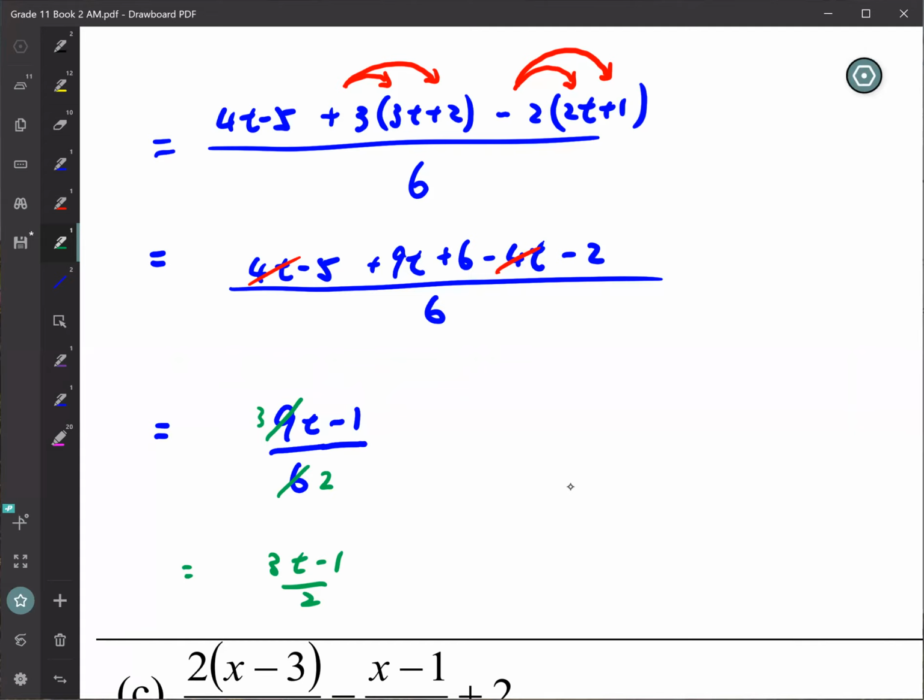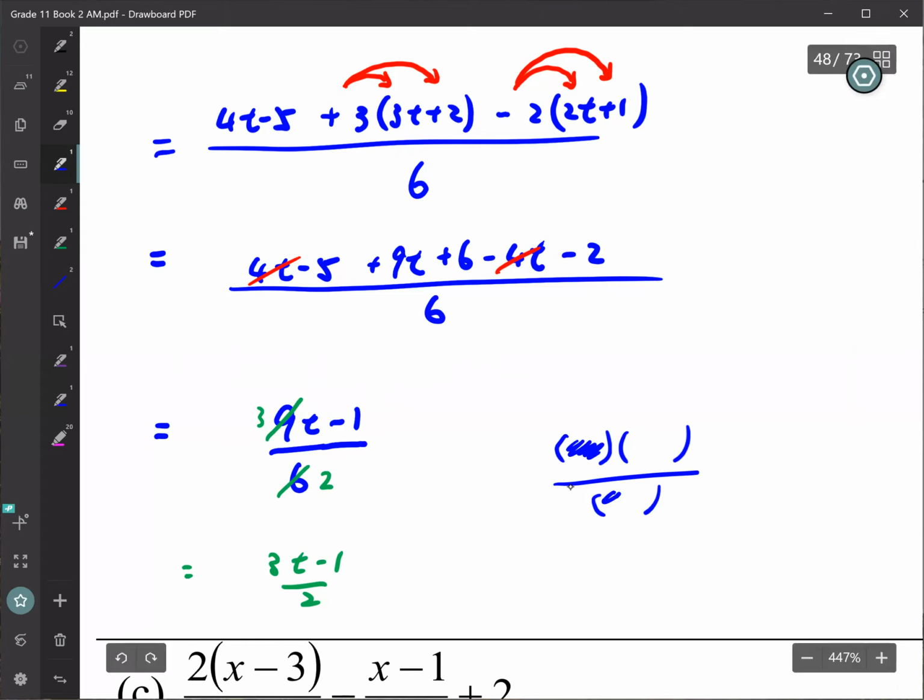So this one we cannot do, okay? Because remember, you can only reduce if they are parts. And parts are separated by multiplying. So if you have this part and this part, and they are the same, then you can cancel out because in between it's only multiplying, right?